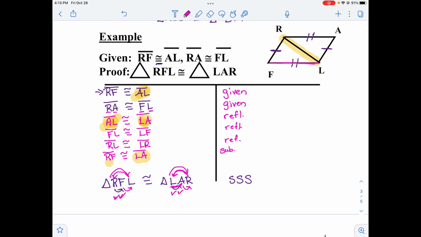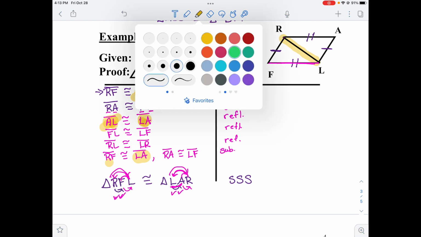Now we've got to look at the rest of the pieces. We had RA, and we have FL, so RA and FL were backwards, so we've got to fix that as well. So we're going to put another substitution, RA, we need it to be congruent to LF, and we can add LF here at the beginning.